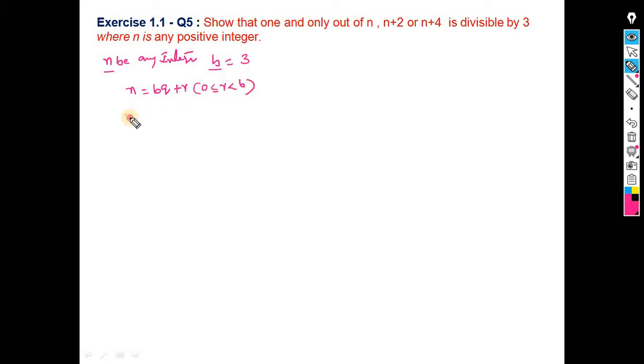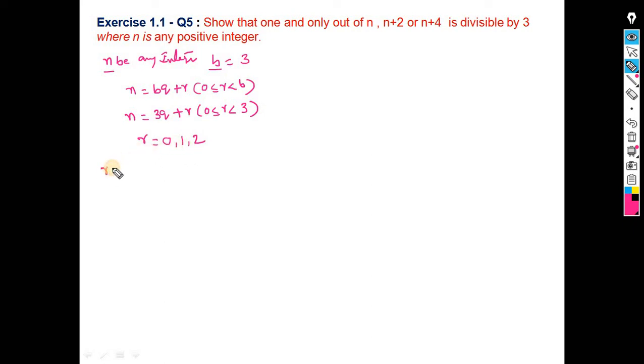If I implement the same thing, n is equal to 3q plus r, 0 less than or equal to r less than 3. So the possible values of r are 0, 1, 2.